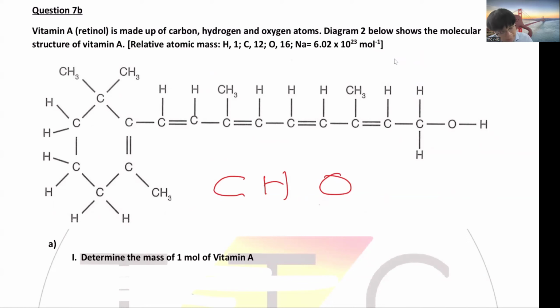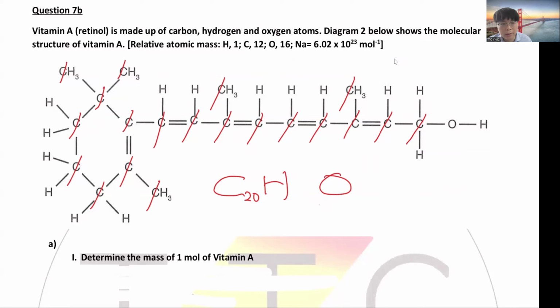Okay, so calculate how many C first. 1, 2, 3, 4, 5. This question, they actually try to let you calculate wrongly.